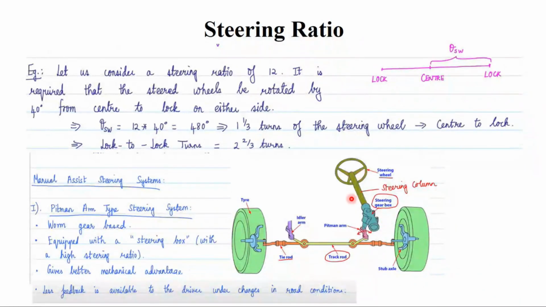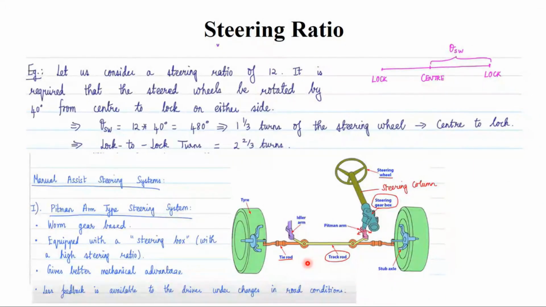You know the rotating motion of the steering wheel is converted to linear motion with the help of the arm called the Pitman arm. You have two arms: the left idler arm on the left side, and the right idler arm as well.